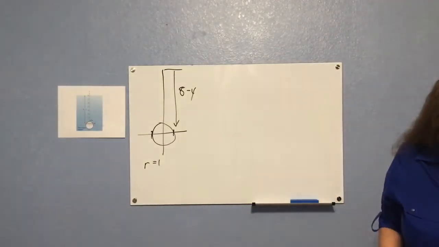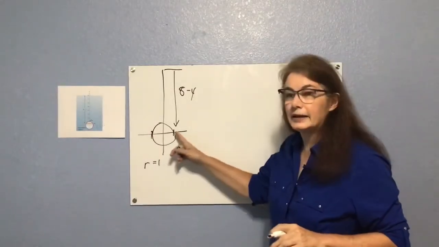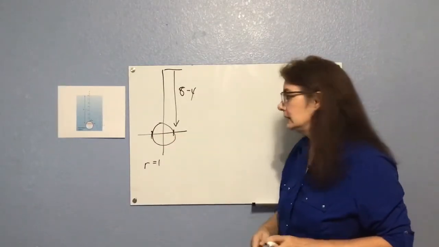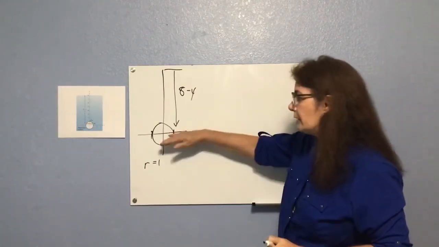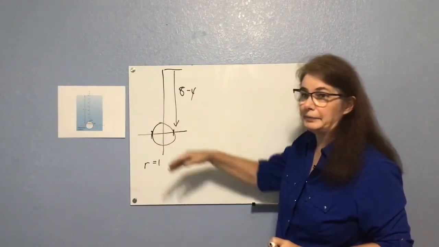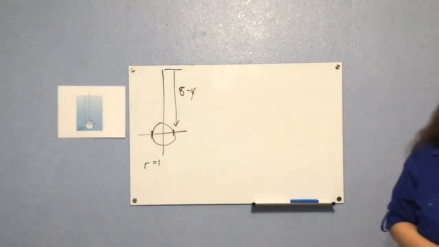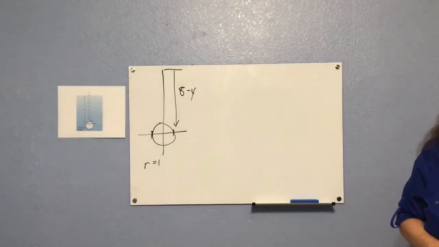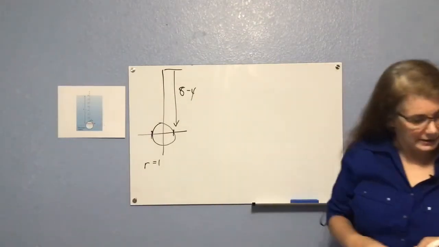Okay, so in this problem we're also again going to take advantage of the symmetry, not only side to side, but we also have symmetry top and bottom. Okay, so let's take a look at this. As I said, our depth h of y is the 8 minus y.